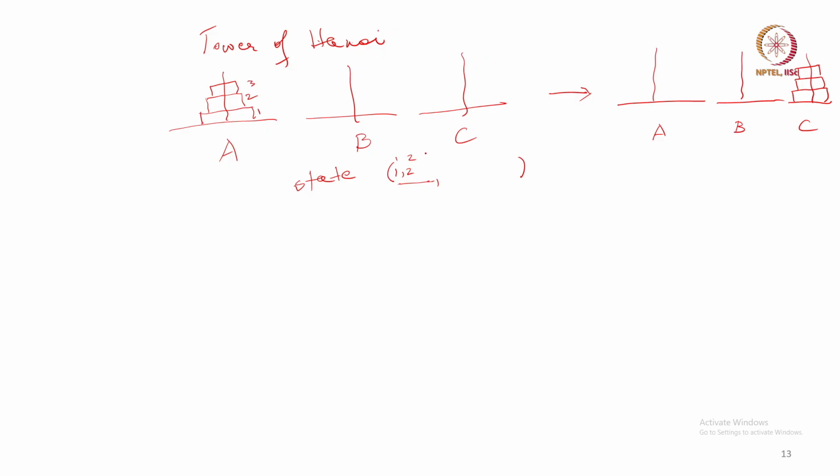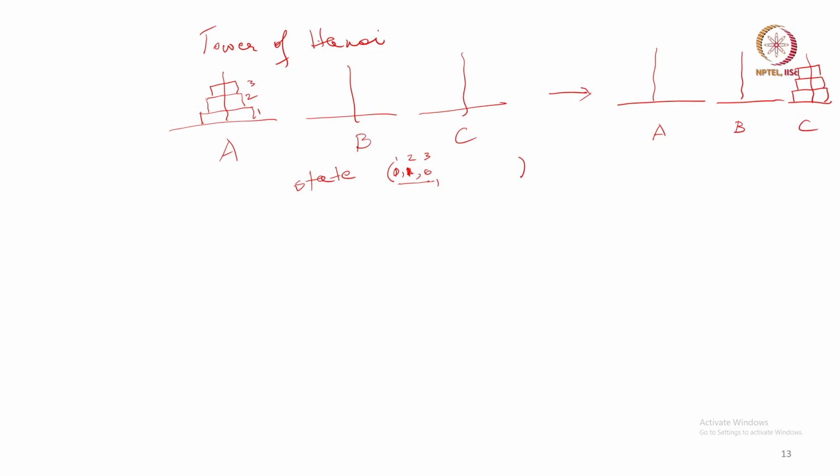So 1, 2, 3, it will be 0 if the disk is not there, or 1 if the disk is there, and the same thing for B and the same thing for C. So that could be your state.